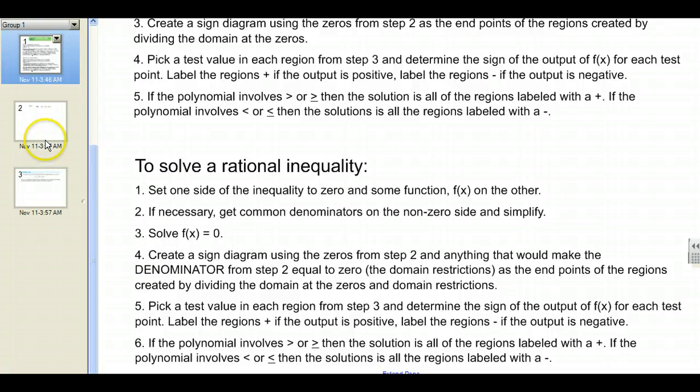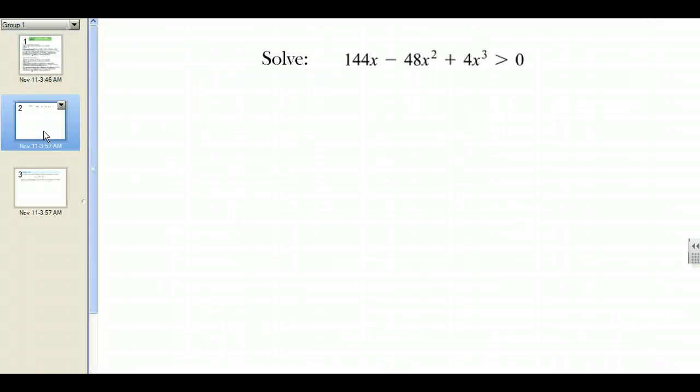So let me just walk you through a couple of these and show you it's not as bad as it may seem. Alright, so here's a polynomial. It's already set greater than 0, but hypothetically, if this piece had been over here, we would just group everything to one side, greater than 0.